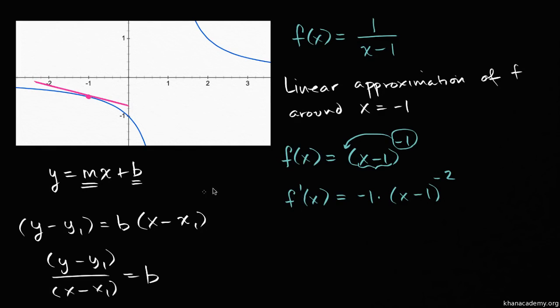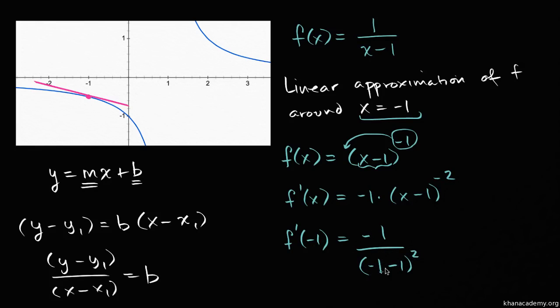And so let's evaluate that when x is equal to negative 1. So f prime of negative 1 is equal to negative 1 over negative 1 minus 1 squared.